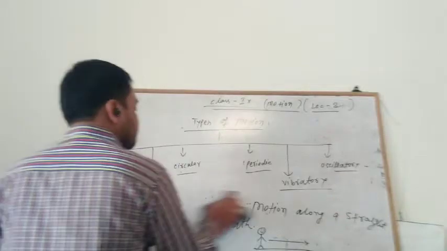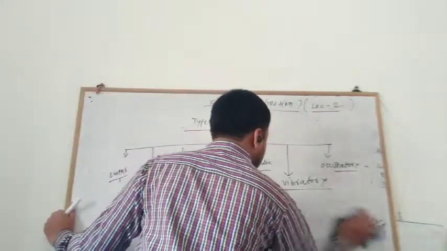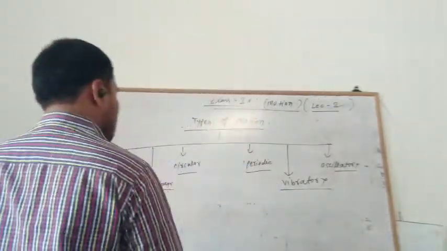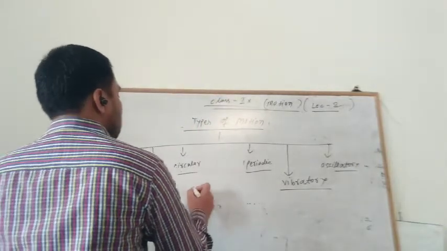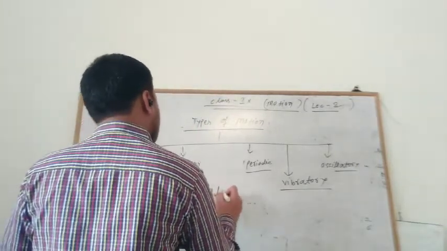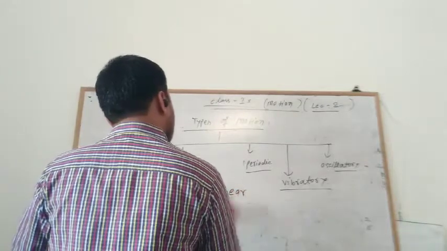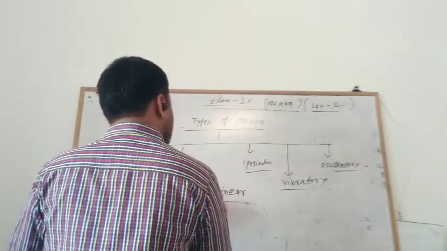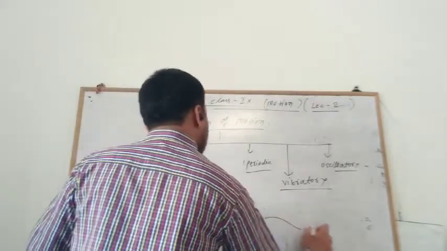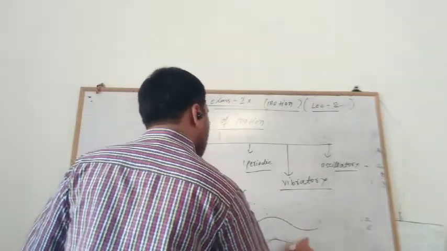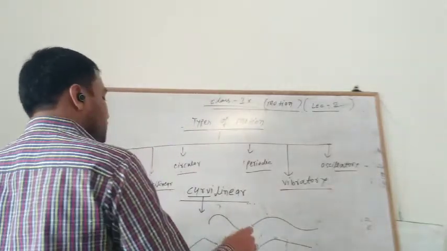Now, what is curvilinear motion? The word itself defines the curve, that is, the motion along a curved path. The curved path may be of different types.